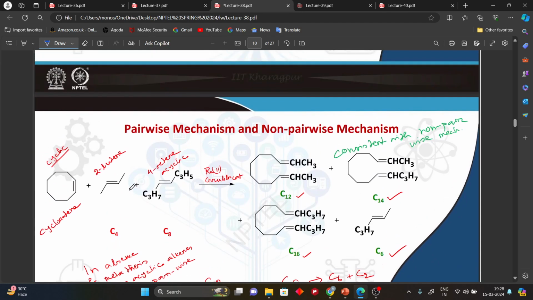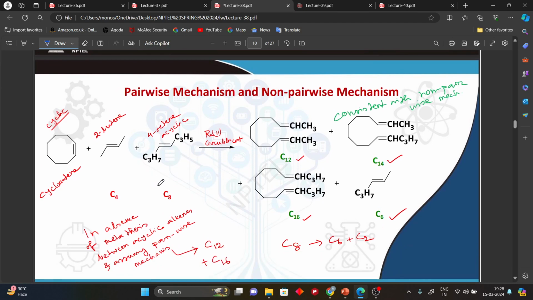And in this case again, you see all possible isomers are formed. But if you go via the pairwise mechanism, obviously you can only see variations like the formation of these, and this C3H5 one.